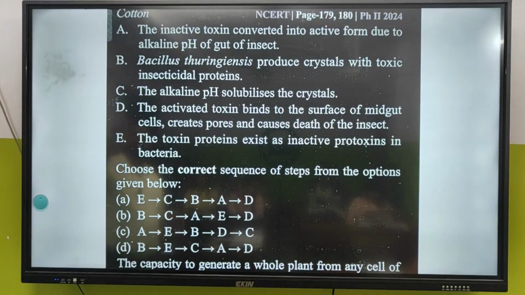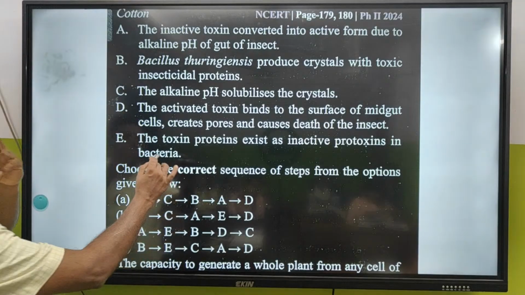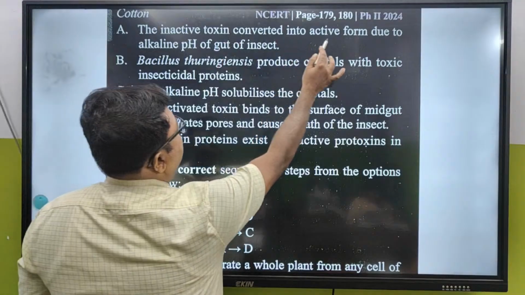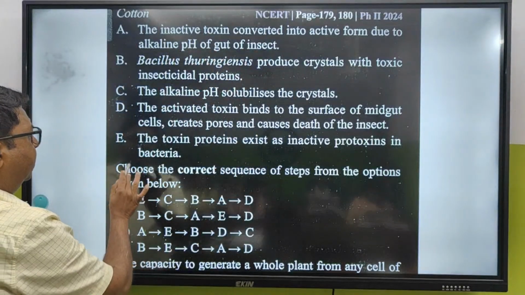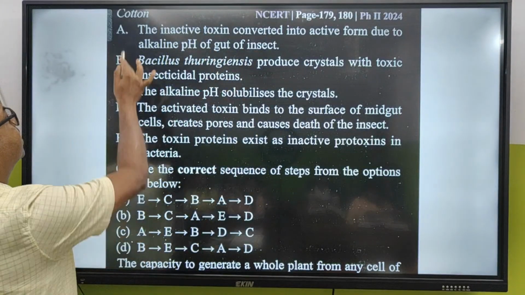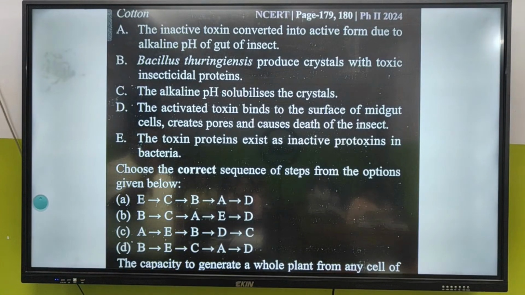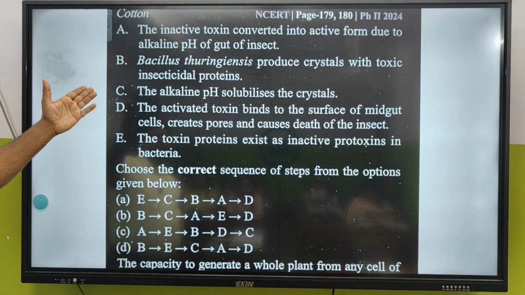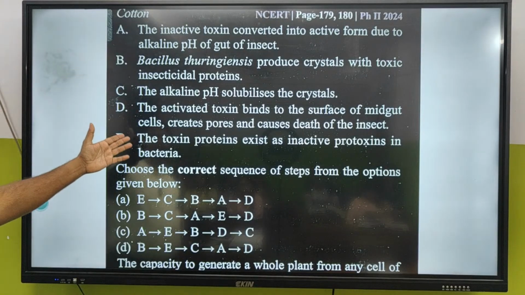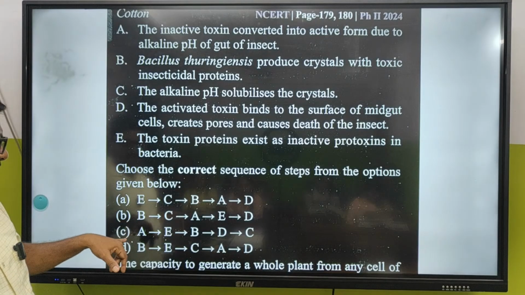I don't think so. When they are talking about toxin, the inactive toxin is converted into active form due to the alkaline pH. After E will come A. Where is A after E? Inactive toxin converted into active form. Okay, conversion. So B will be the start. So the option will be D.